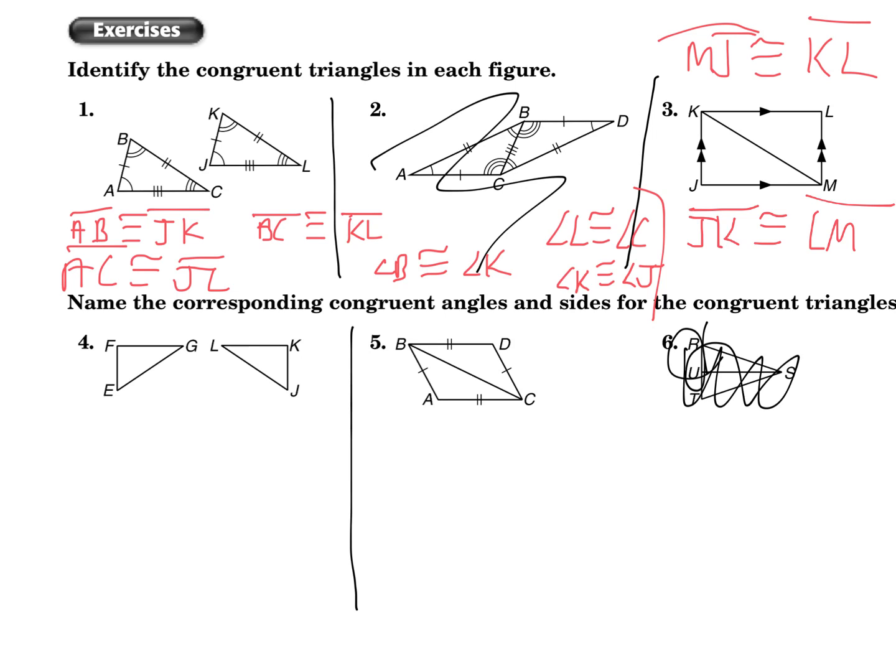So because of that, we know that triangle KJM is congruent to triangle MLK.